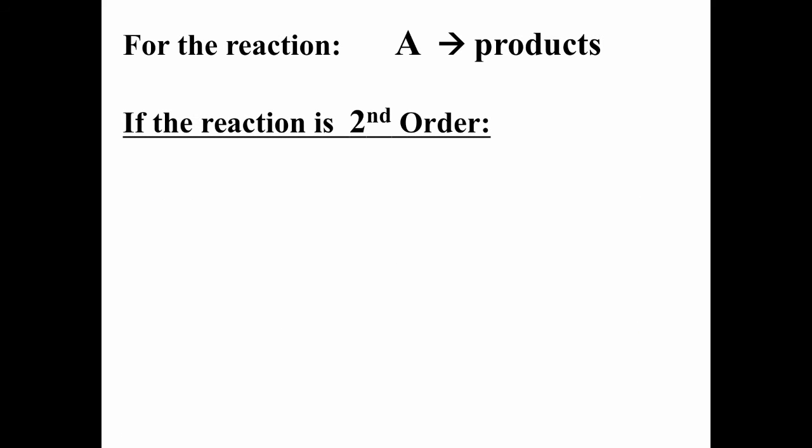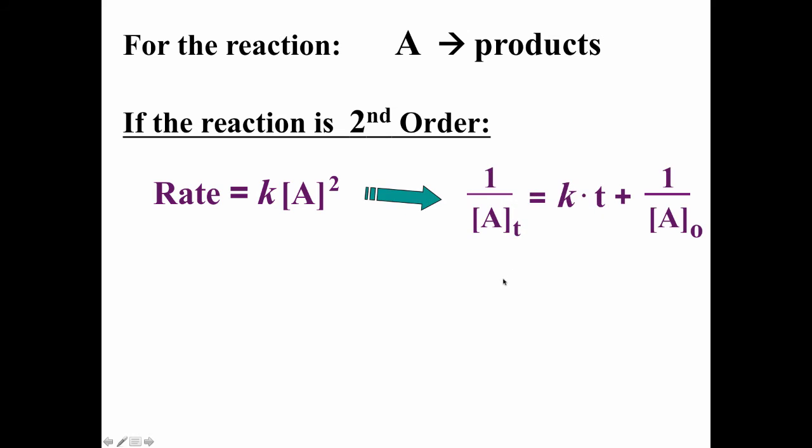And if the reaction is second order, pretty much the same idea as before. The rate law is rate equals k times A to the second. Again, calculus is needed to show the following, but it turns out that 1 over the concentration of A at time t equals the rate constant k times the time plus 1 over the initial concentration of A. And once again, this equation is in the form of a linear relationship.